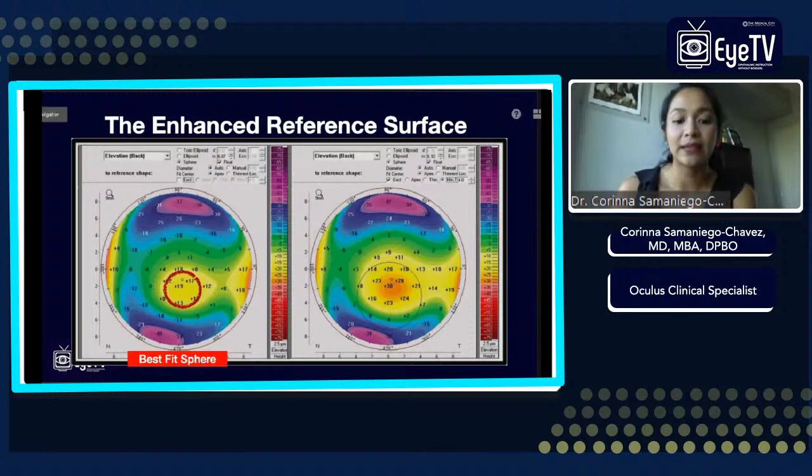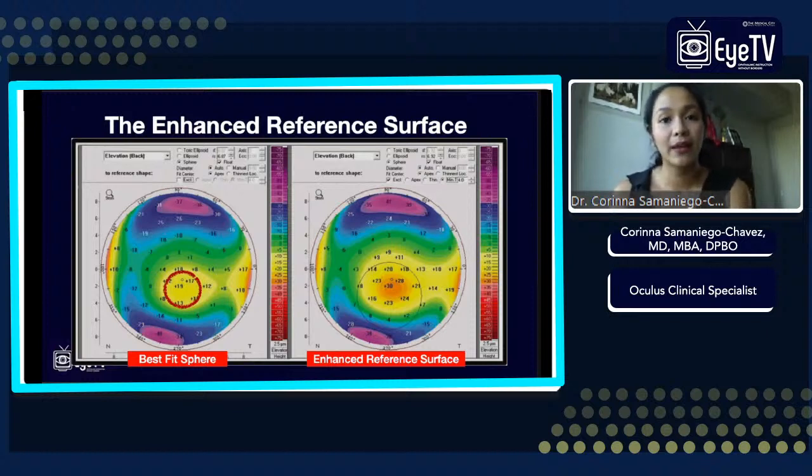What the BAD-D does is that it designs a reference surface that more closely approximates the individual's normal cornea by removing an optical zone of 3.5 millimeters around the thinnest location, and then comparing the actual corneal shape to this new reference shape. This will accentuate the ectatic or conical region, allowing for a clearer assessment of the ectasia.